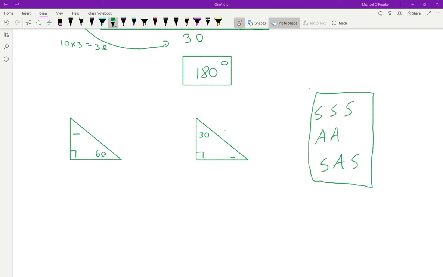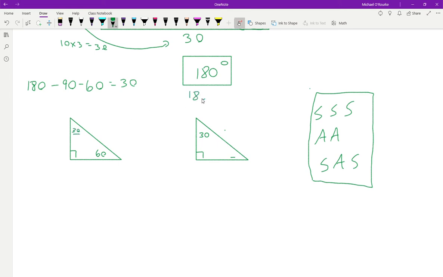Not quite. You're right with the 120. So if we want to fill in those blank spots for this one, there's 180 degrees in a triangle, minus what we know. Minus 90 minus 60 will equal 30.